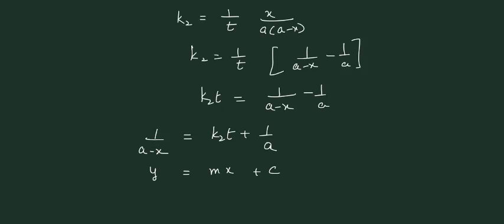So if you plot on the y-axis 1 by A minus X and x-axis time, you will get a slope of K2 and y-intercept 1 by A.